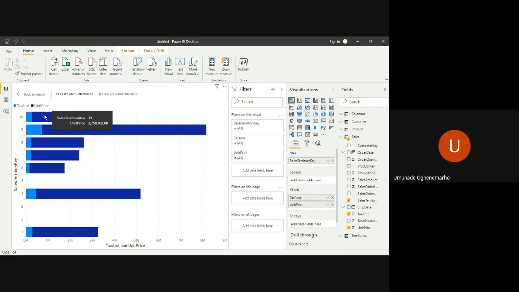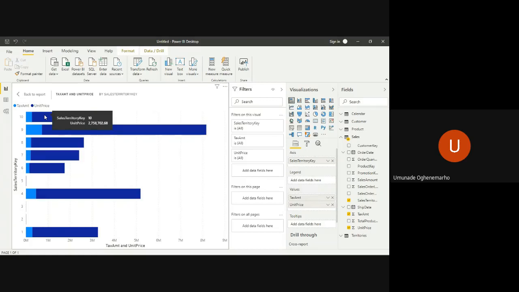What I'm about to say now has to do with all the charts in Power BI generally. Whatever you put in that legend becomes the categorical value. So when you have any data item in the legend, you cannot have more than one data item in value.